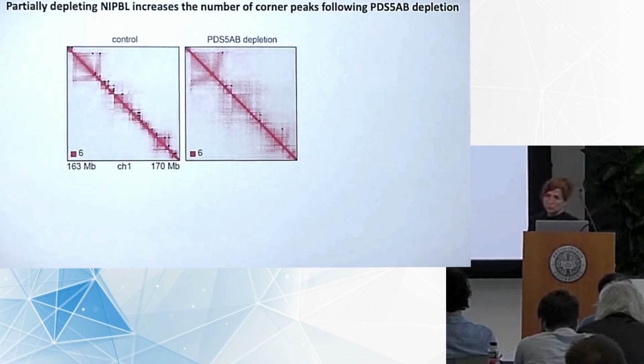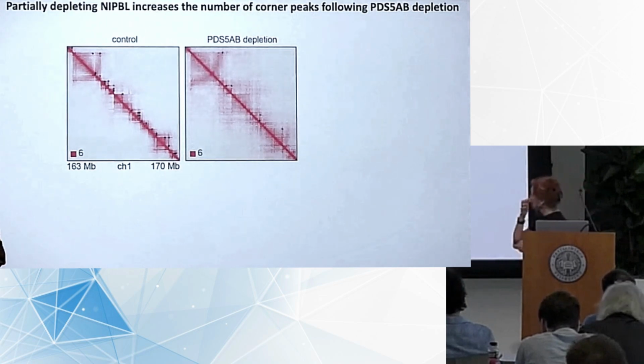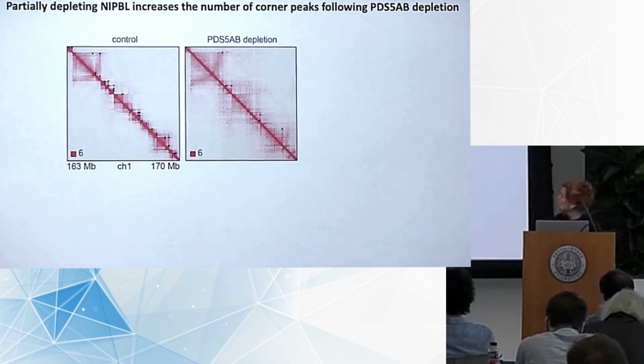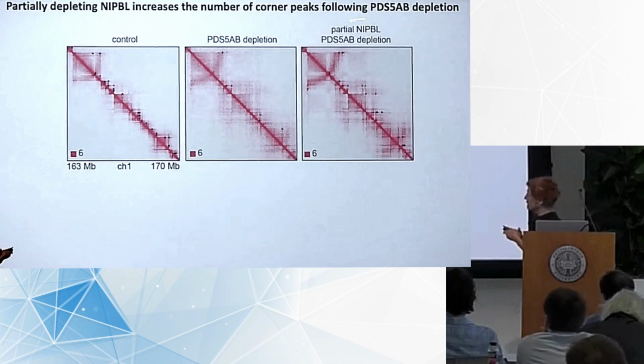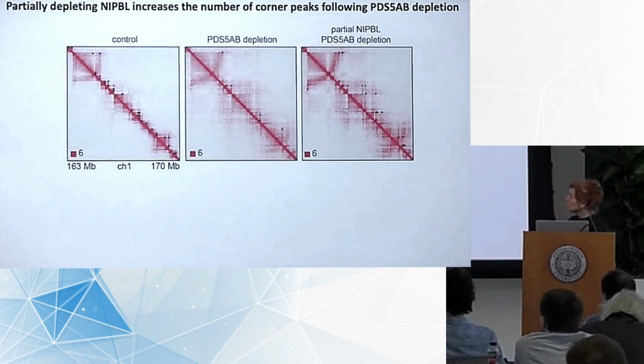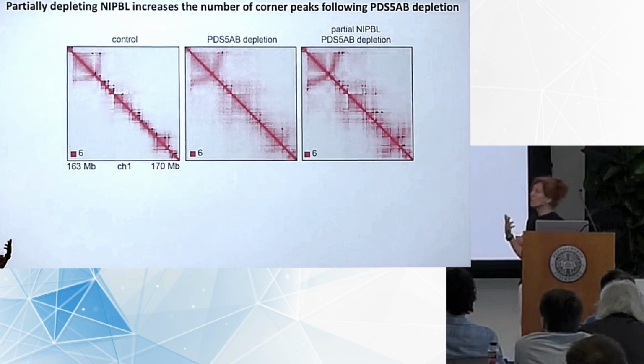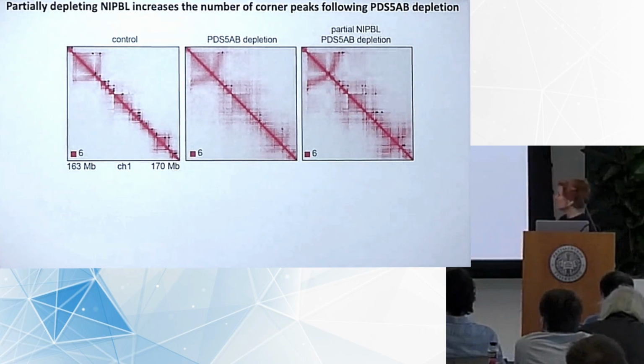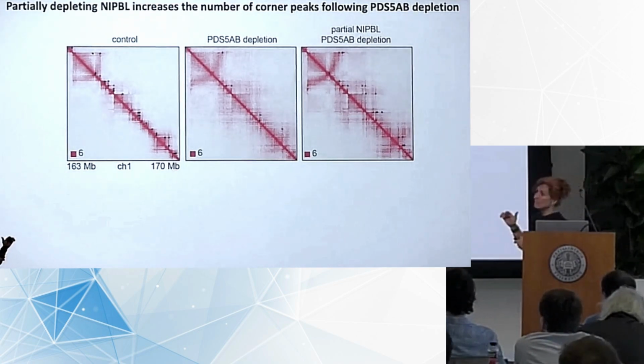To really answer this question, we have these PDS5AB cells where we can deplete PDS5AB, but we can also partially deplete NIPBL. We wanted to see if we can see more corner peaks in this situation. I have to say that this experiment was done very carefully, in that we started with the same number of cells and have the same number of reads here.